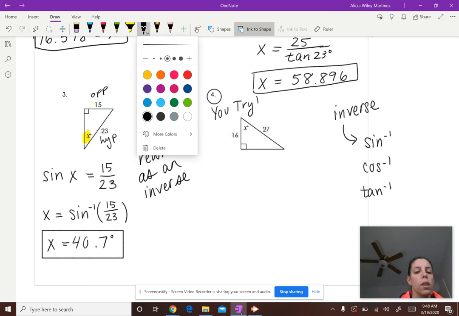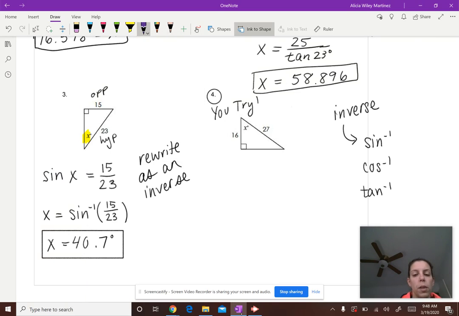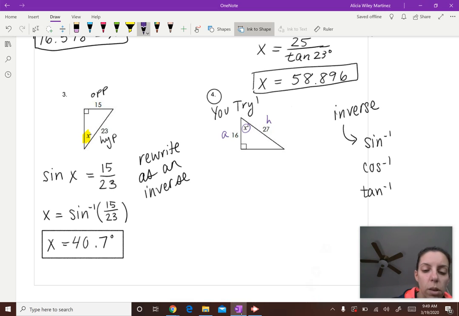On this problem, here's your angle right here. The angle is x. In relation to that angle, you should have noticed that you have the hypotenuse and then the adjacent side.